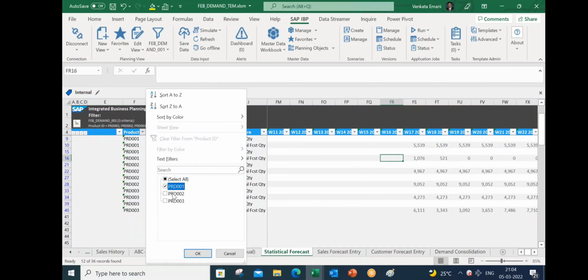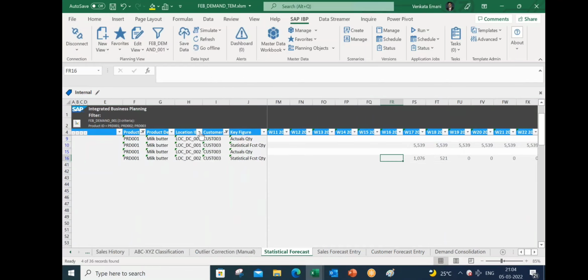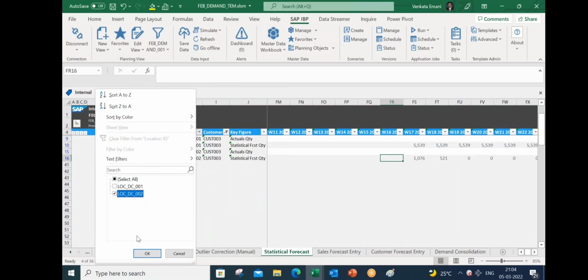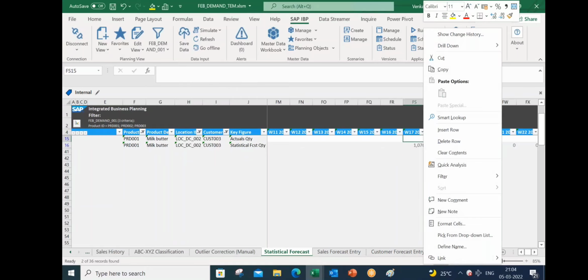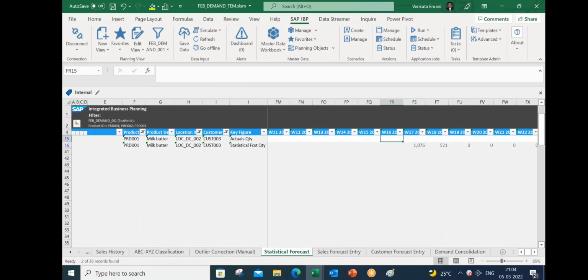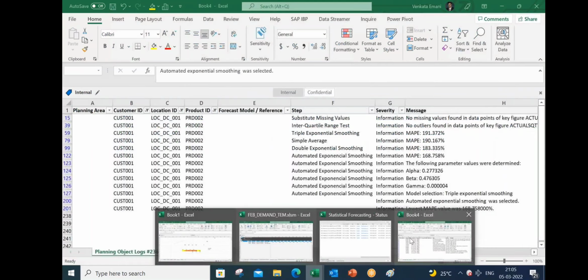So this has given zeros across. Let's see why. Maybe because recent buckets are zeros, it could have triggered that. So we will rerun the statistical forecasting by giving the recent buckets also some values. But let's see in the forecasting log what could have happened.